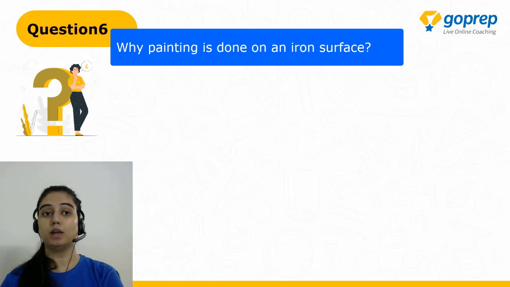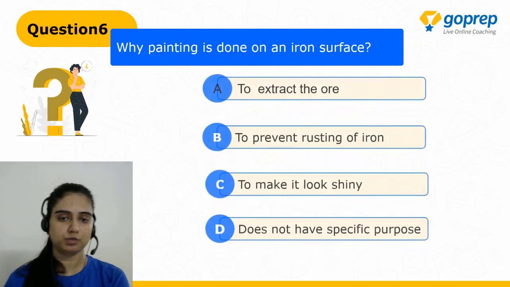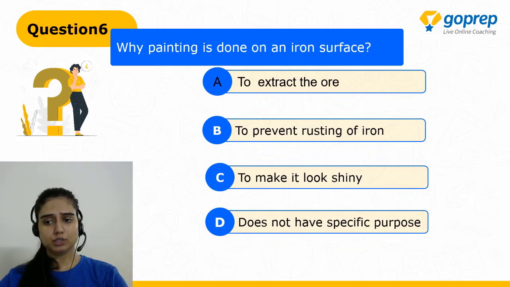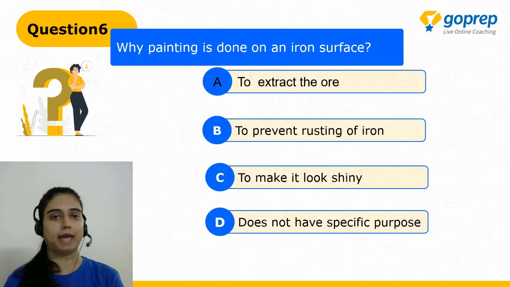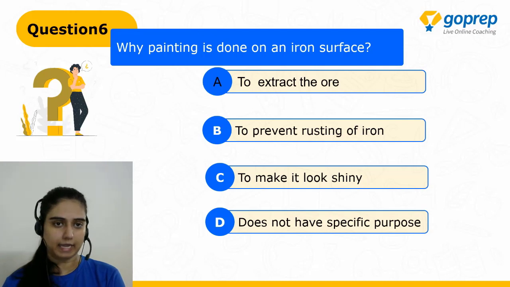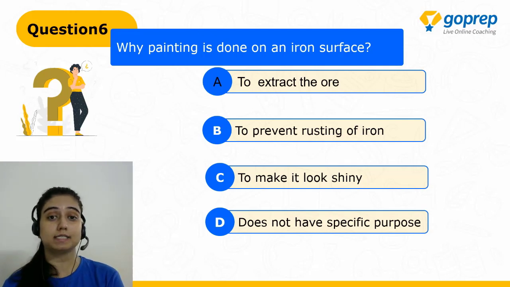Now let's move to the next one. Why is painting done on an iron surface? There are 4 options in front of you. Dear students, you can also perform this experiment at your home. Take an iron nail, leave it on the counter in the presence of the atmosphere and just observe its nature. After the passage of time, it will lose its property.